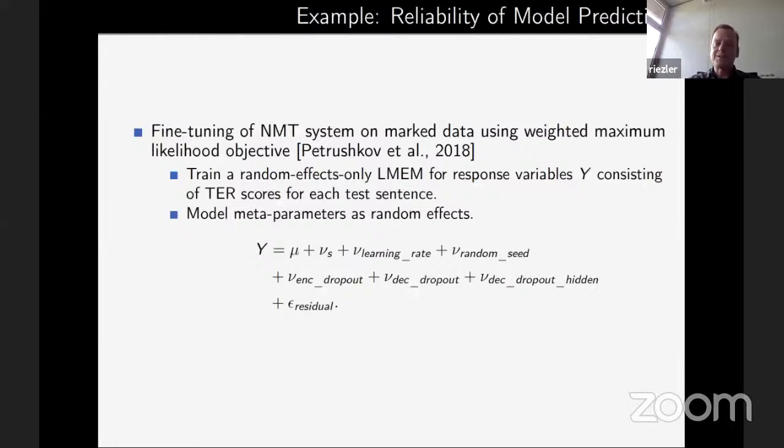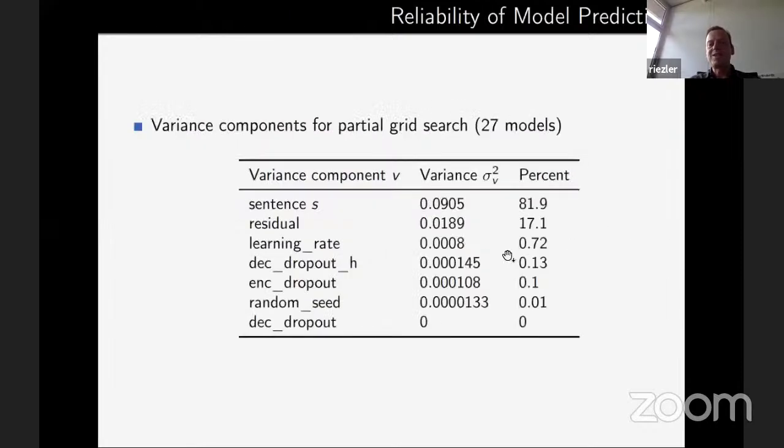So what is maybe more interesting to you is reliability of machine learning models. And here you see the model looks like this. We have as our random effects all the meta parameters that the model has: learning rate, random seed, encoder dropout, decoder dropout, and so on and so forth. And we will see, okay, so we did a partial grid search on 27 models.